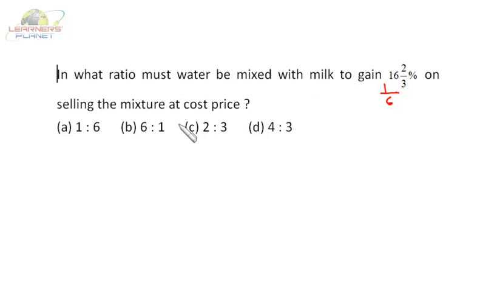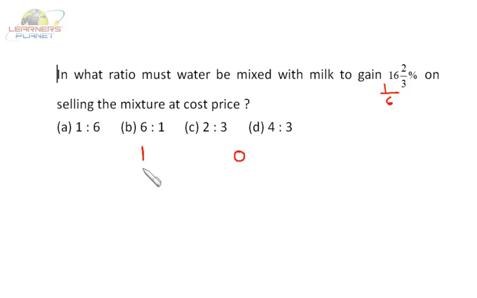Okay, that means we have to mix water with milk. As of now, we have pure milk, and let's consider the price of pure milk to be 1 rupee per liter. Okay, and the price of water, as usual, is 0 rupees per liter. And by mixing both of them, we have to sell the adulterated milk, that is the water mixed milk, at rupees 1 per liter.